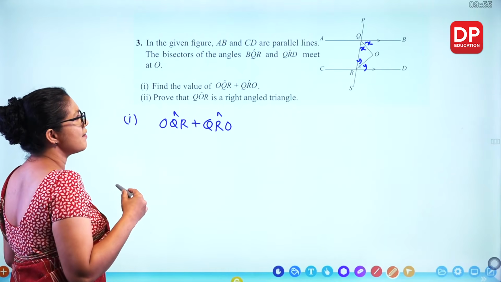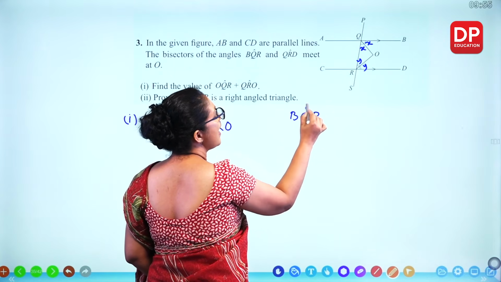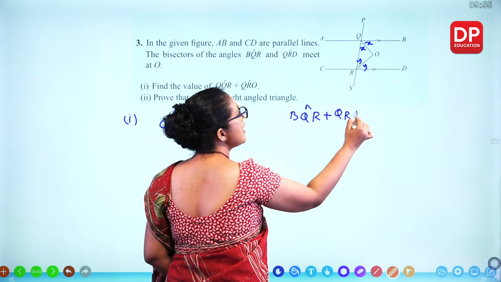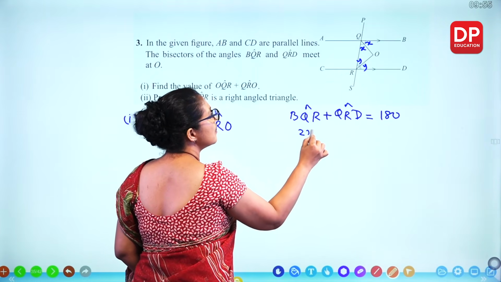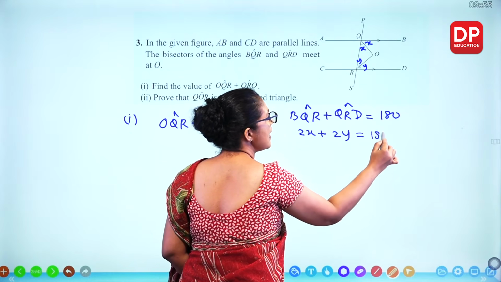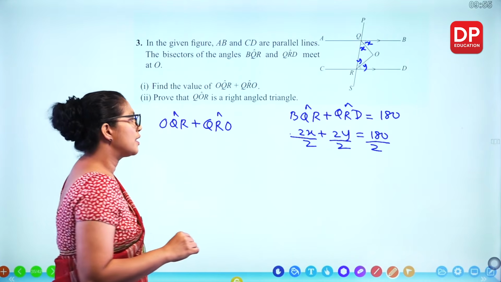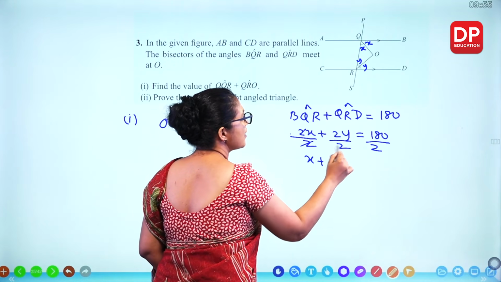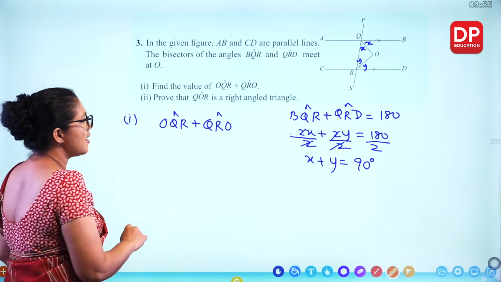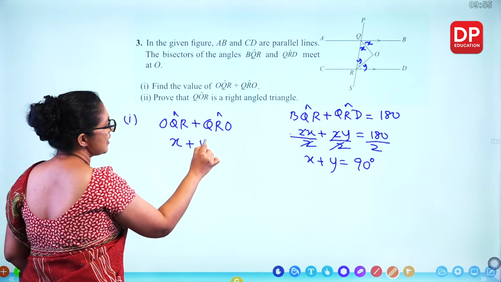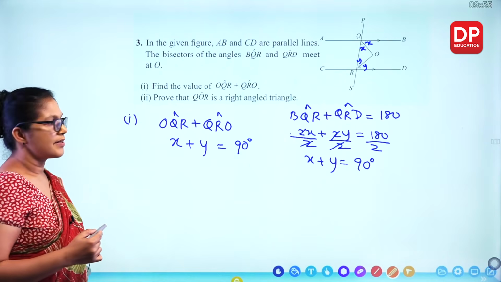So first we can write BQR angle plus QRD angle is equal to 180. So that's 2x plus 2y equals 180. I'm dividing all terms by 2, so I get x plus y is equal to 90 degrees. They are asking what's the x plus y value, so I found that's equal to 90 degrees.